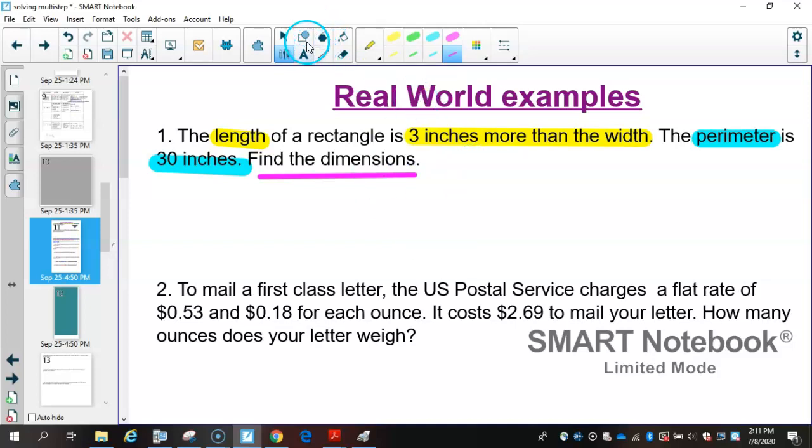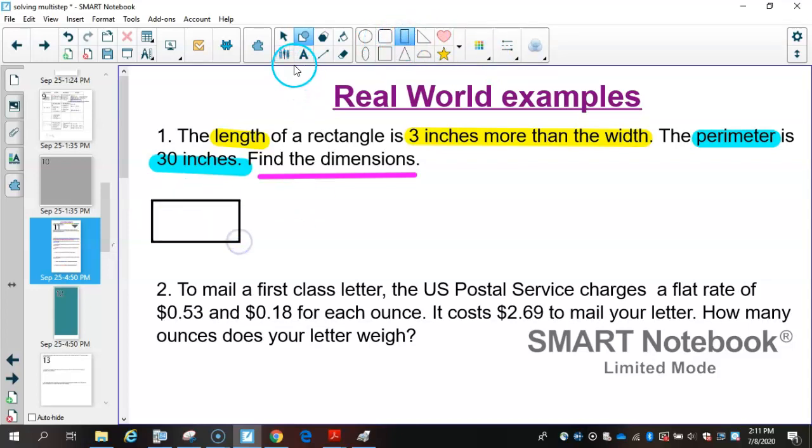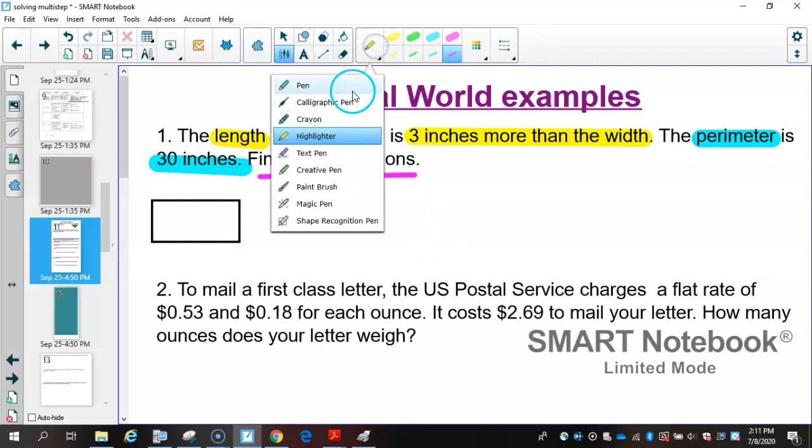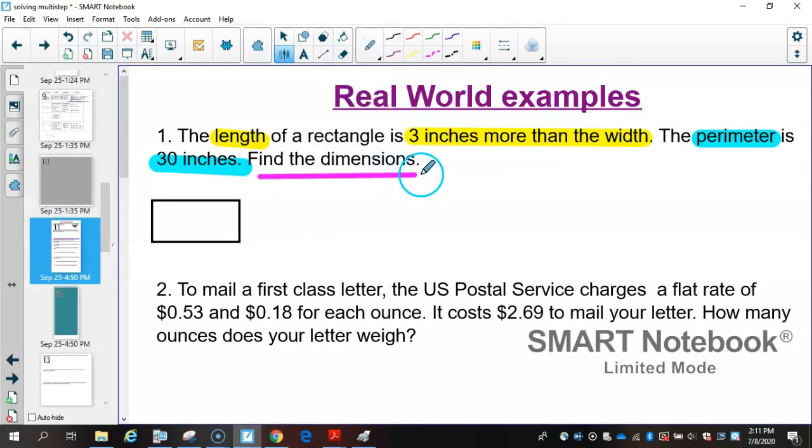So with this, it helps me if I draw a picture first. So I'm going to do that. Right? And I'm going to write out what I've been given. The length of a rectangle is 3 inches more than the width.